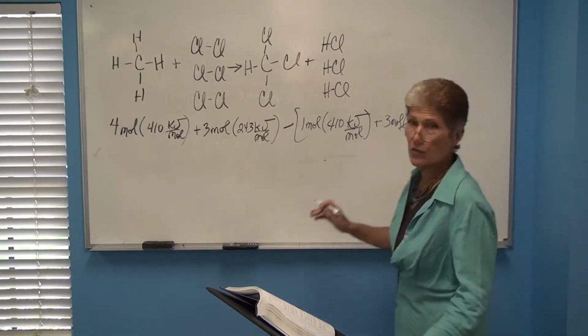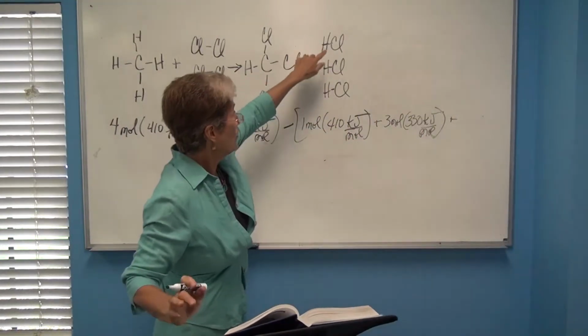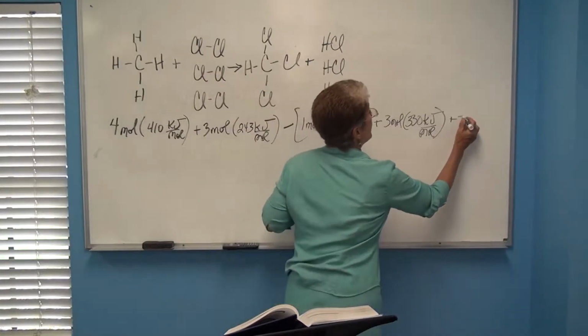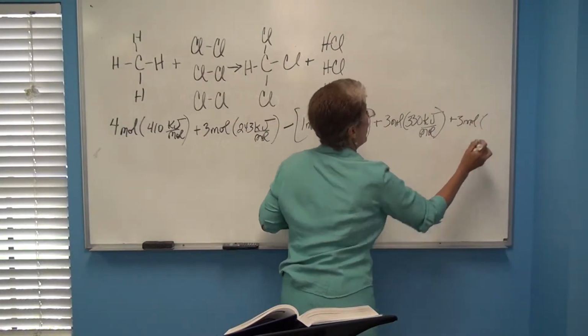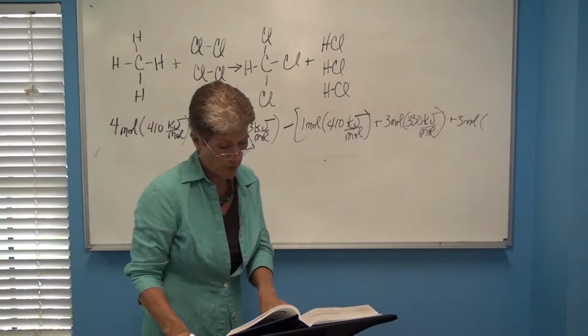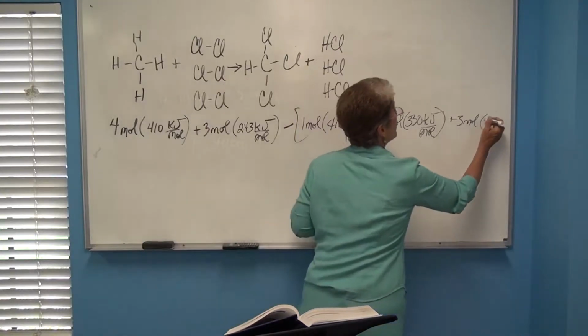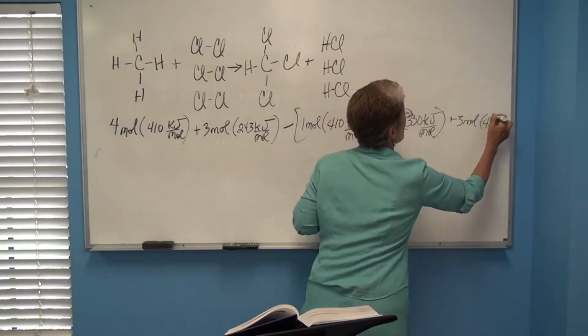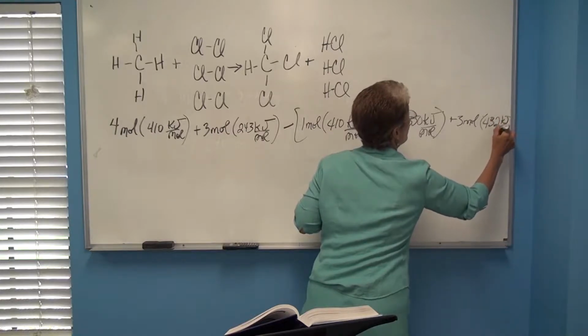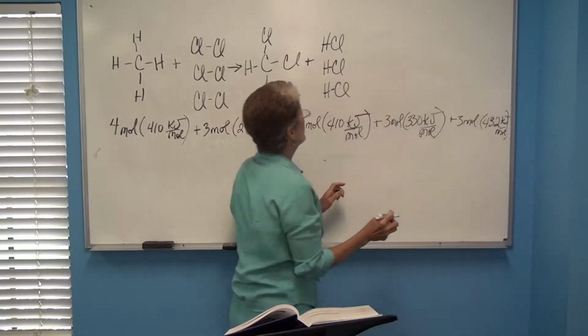And then plus, we have 3 moles of the hydrogen to chlorine, which is 432 kilojoules per mole.